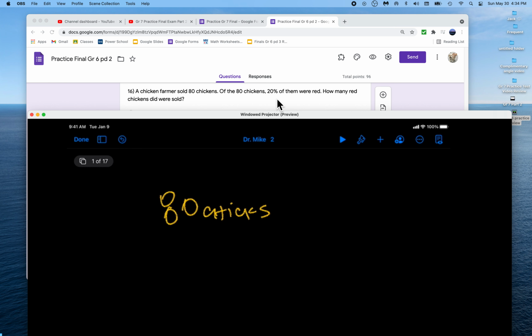Of the 80, 20% of them were red. 20% of 80 were red. How many red chickens? Again, how many? Whatever follows, that's what we're trying to find.